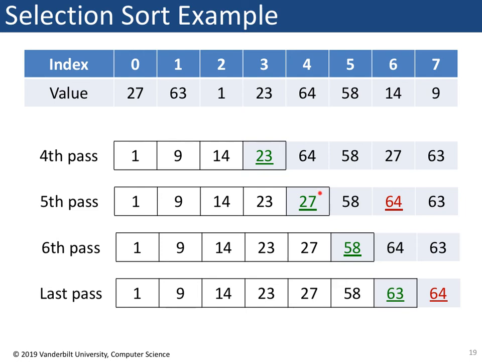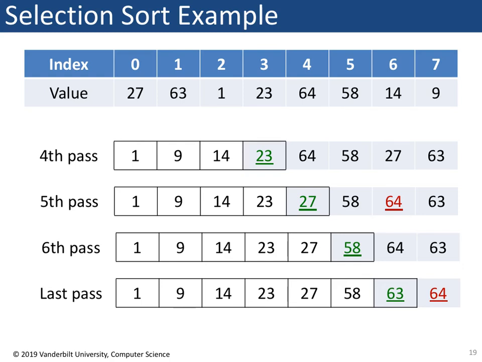We swap 27 into element 4. So the value 64 goes into the location previously held by the value 27. We search for the lowest in the remaining array. It's 58. But 58 is already in the next location, so therefore we don't have to swap anything.